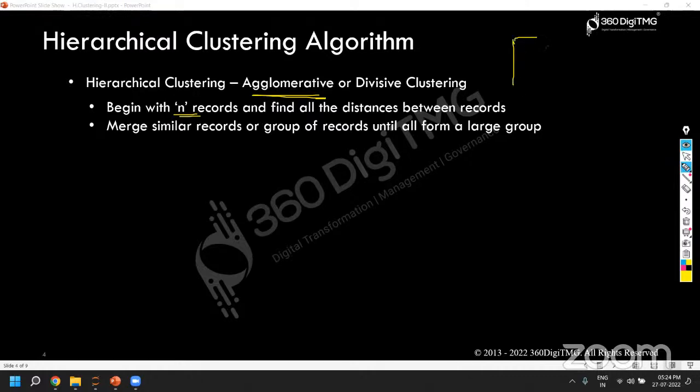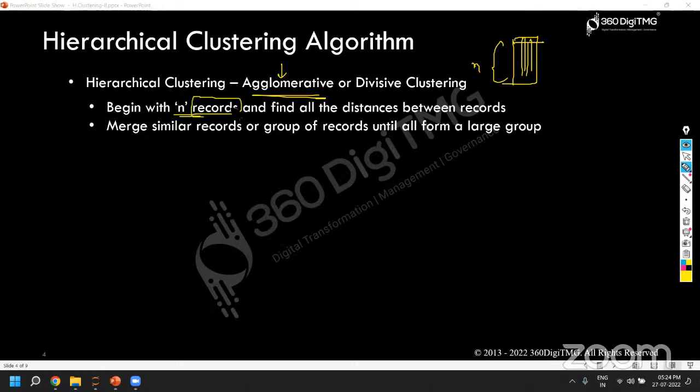If I have data points, let's say these are all different data points that I have, I will call them n records, n rows. So in the agglomerative clustering approach, which is the default clustering that we try to do, we will assume that each record is a group in itself.